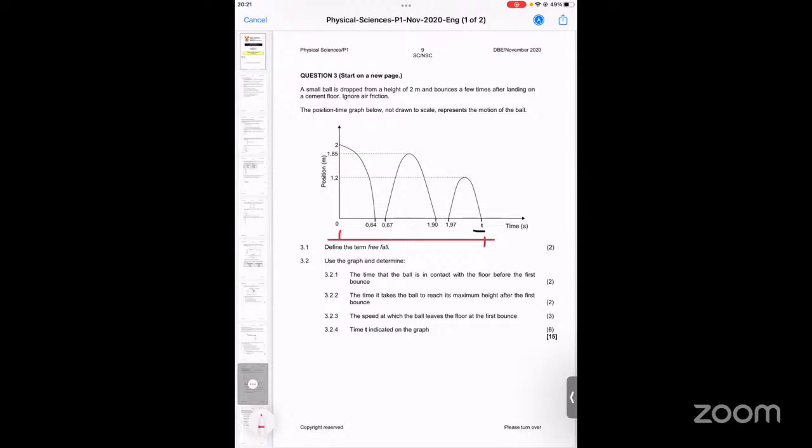I'm just saying, I'm trying to think of an example.